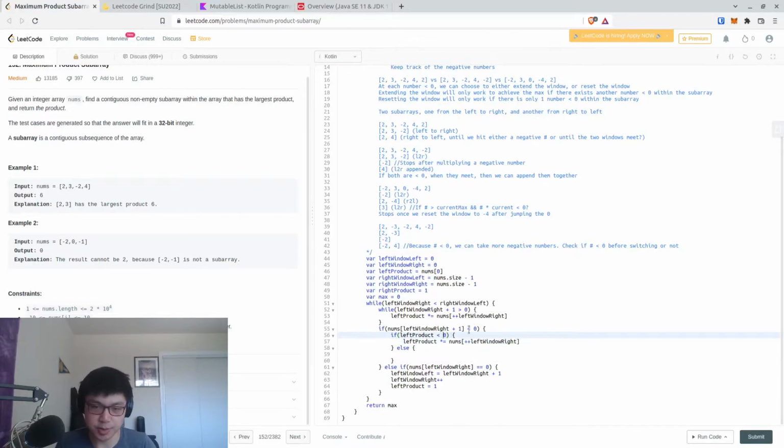So we just absorb the number if left product is less than 0 and nums at left window right is less than 0.